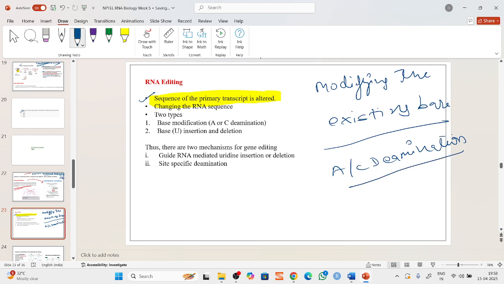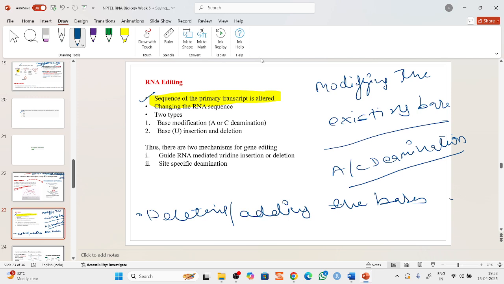Either we are modifying the existing base, or we are deleting or adding some bases.